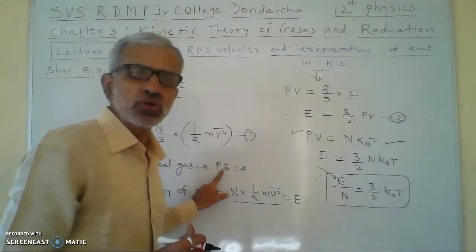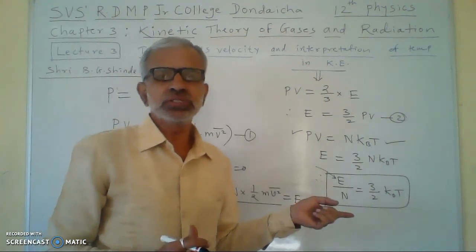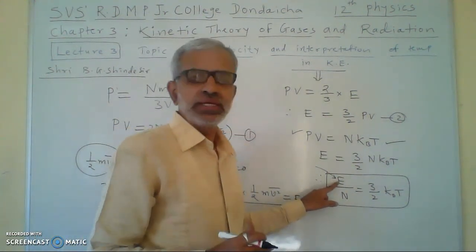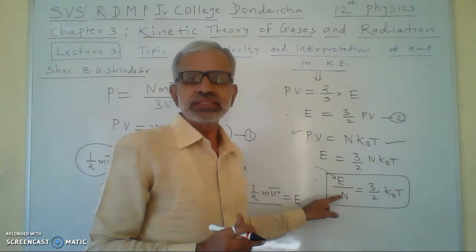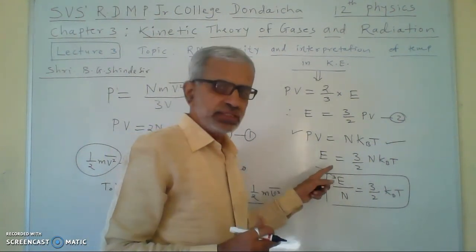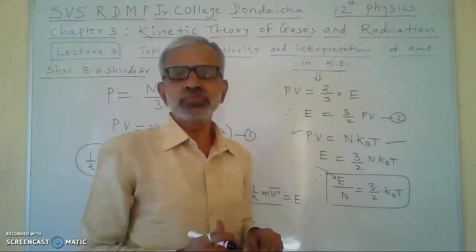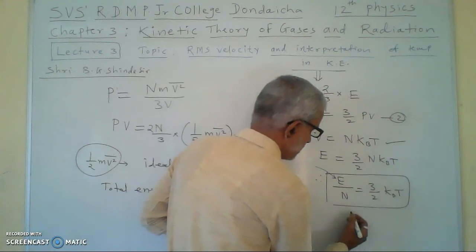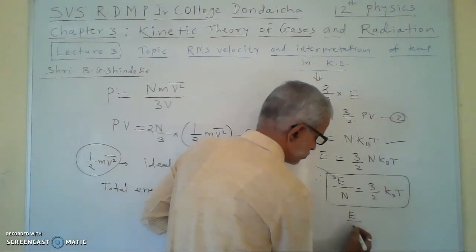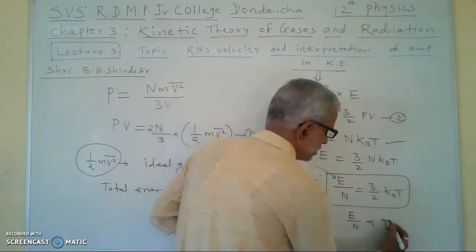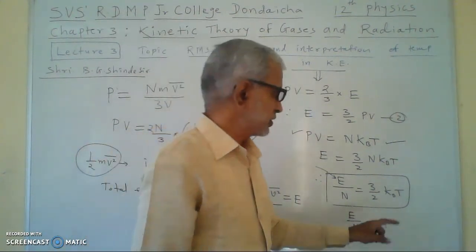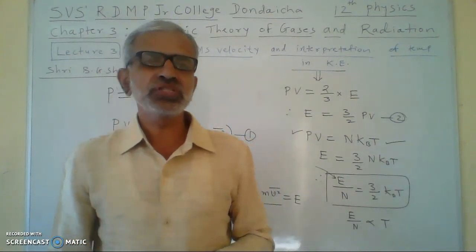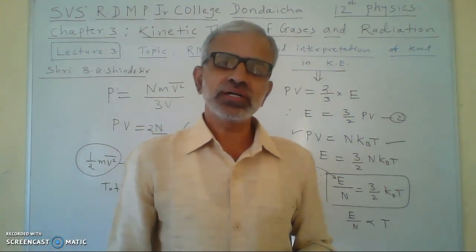Potential energy is 0, and therefore total energy is kinetic energy. So this energy is total energy per molecule of the gas, and this energy is also kinetic energy per molecule of the gas, and this kinetic energy per molecule will be directly proportional to T, the absolute temperature, because this Kb is a constant number. So this is the interpretation of temperature in kinetic energy.